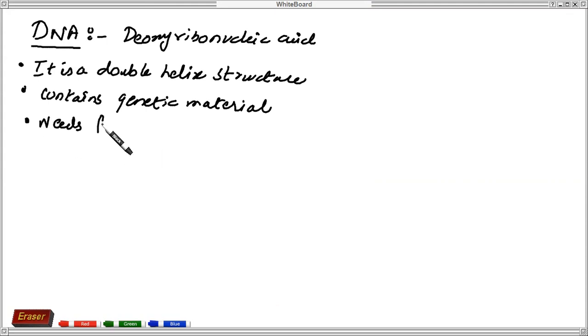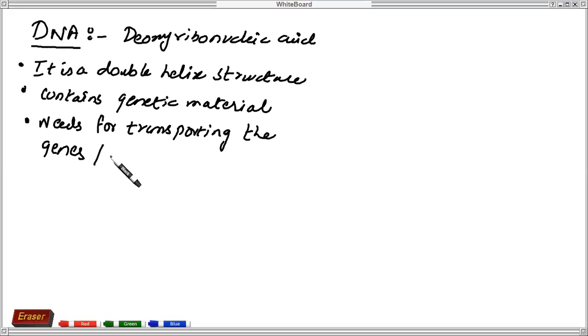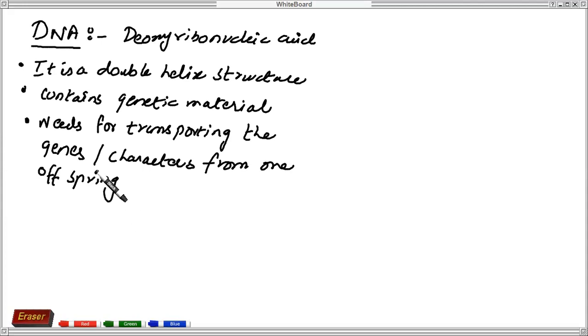It is needed for transporting the genes, the characters, from one offspring to another.